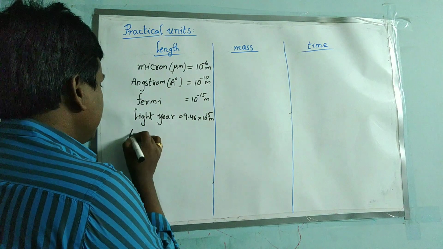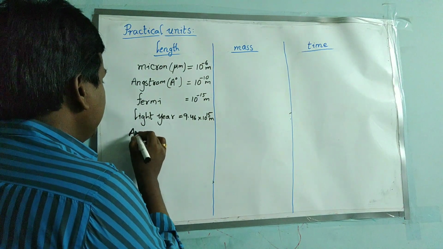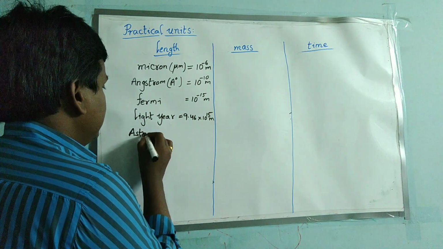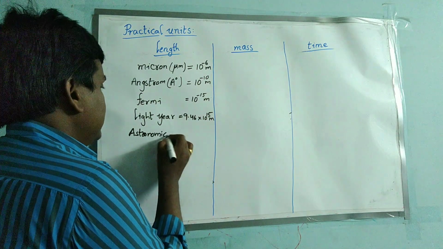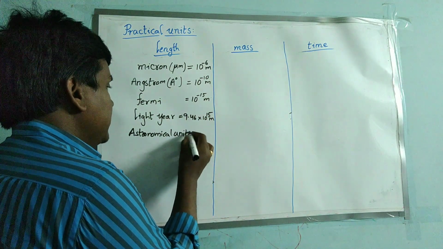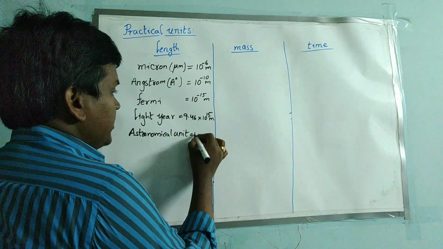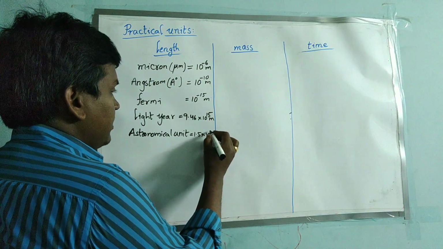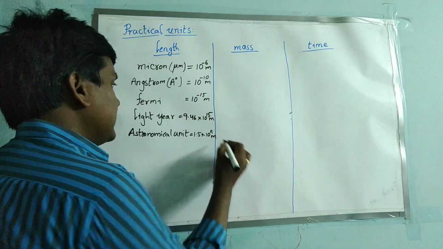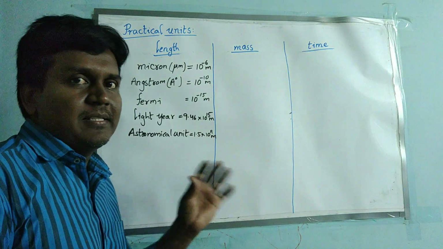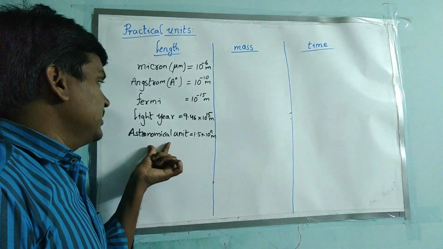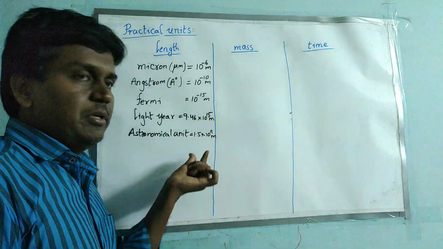And next, astronomical unit. The value of the astronomical unit is 1.5 into 10 to the power of 11 meter. The distance between the sun and earth is expressed in this AU, astronomical unit.